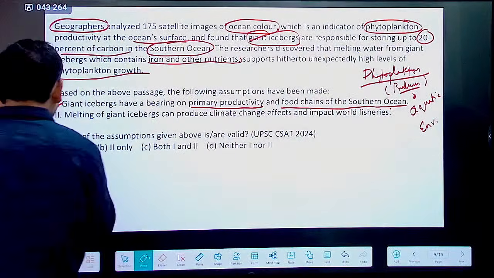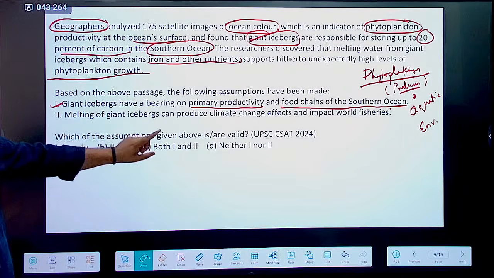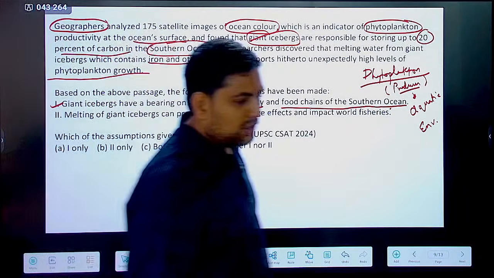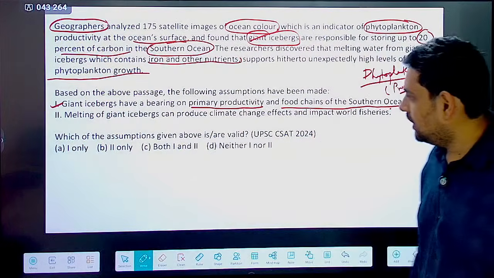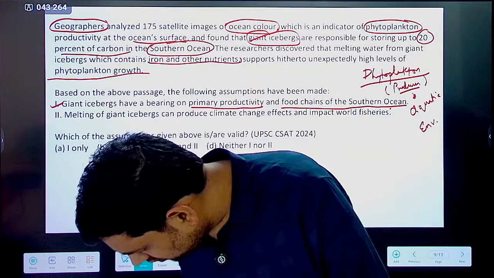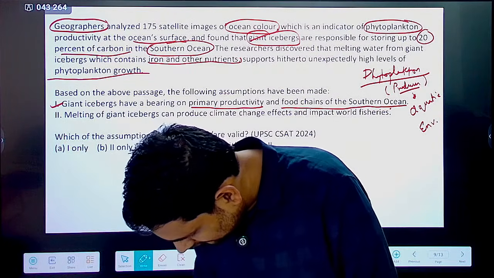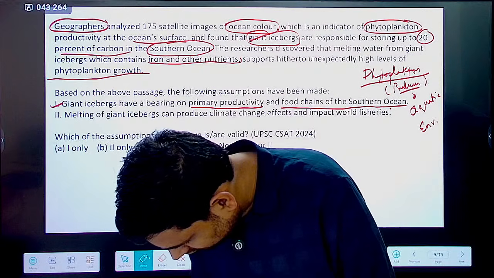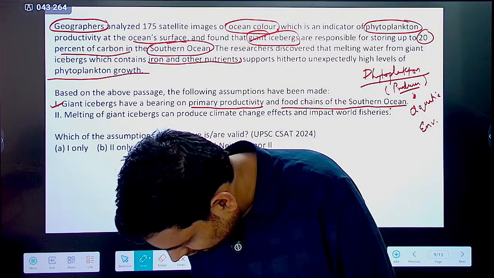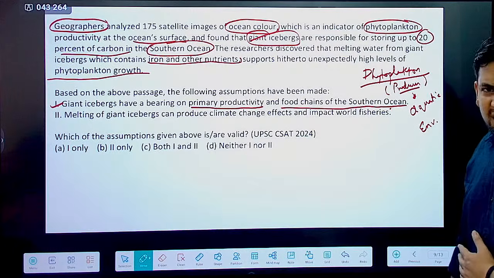So this is absolutely correct. Then the second statement is what caused the issue. Melting of giant icebergs can produce climate change effects and impact world fisheries. What do you think? Is this correct or incorrect? C and D both can be marked. See, first statement is definitely correct.